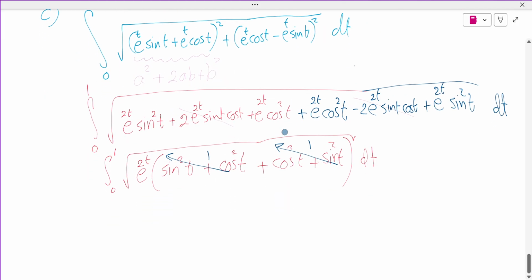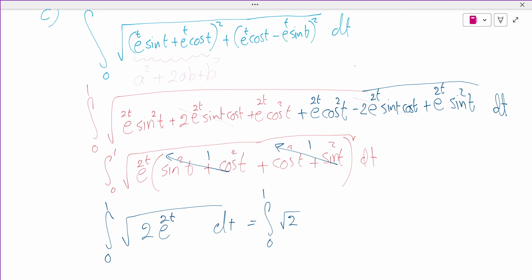So this is the integral from 0 to 1 of the square root of 2e to the power of 2t dt. And we can get rid of the square root by saying this is equivalent to the integral from 0 to 1 of square root of 2 times e to the power of t dt.